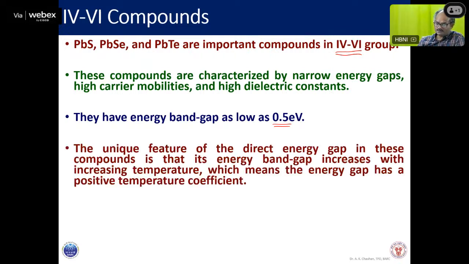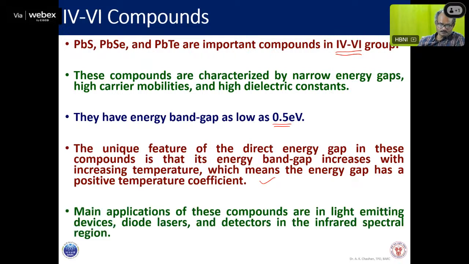The unique feature of these direct energy gap compounds is that the energy band gap increases with increasing temperature, which means that the energy gap has a positive temperature coefficient that is specific to these materials. Main applications of these compounds are in light emitting diode devices, diode lasers, and detectors in the infrared spectral region.